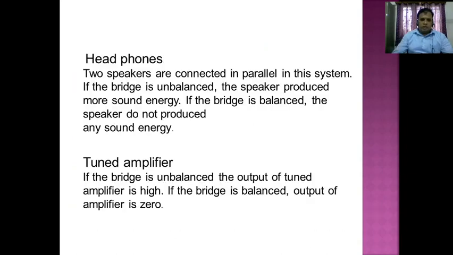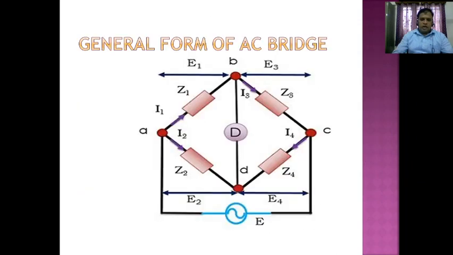Because we can see in the picture for reference, E1 and E2 are across the AB and AD arms. For the AB and AD arms, E1 should be equal to E2, and E3 should be equal to E4, then the bridge is said to be balanced, because the current should be 0 in the BD arm.